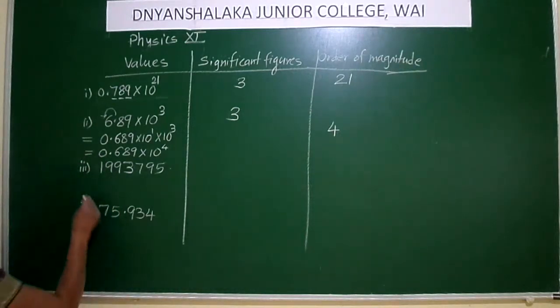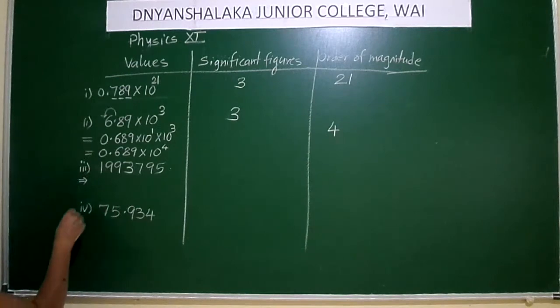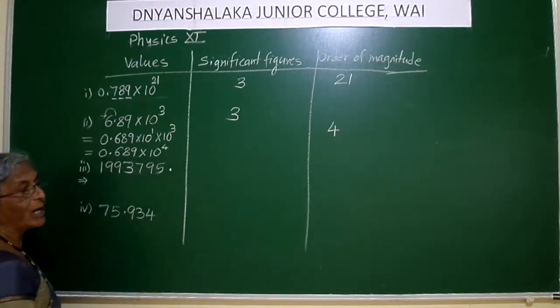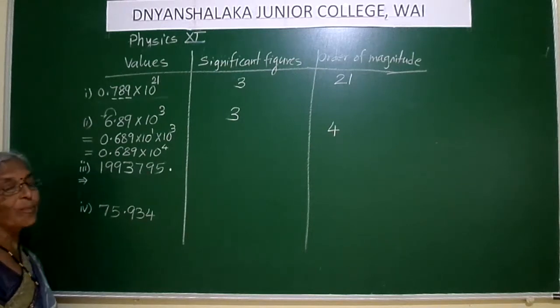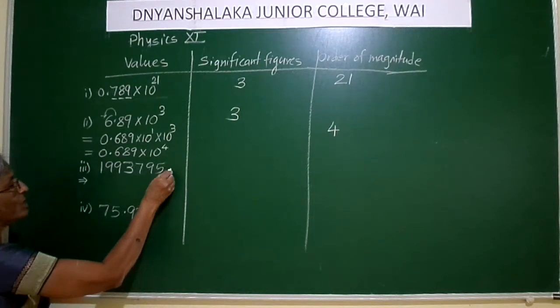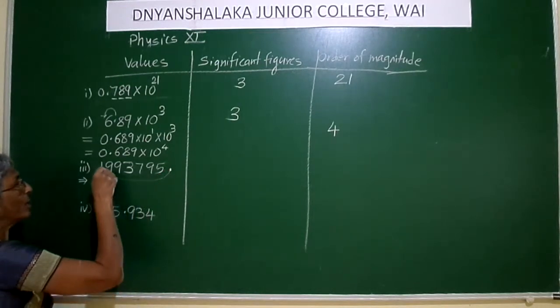Now what I do is, let me write this value in terms of order of magnitude. Decimal point is over here, correct? So in order to make the value of A less than 5, I will have to shift the decimal point from here to here.